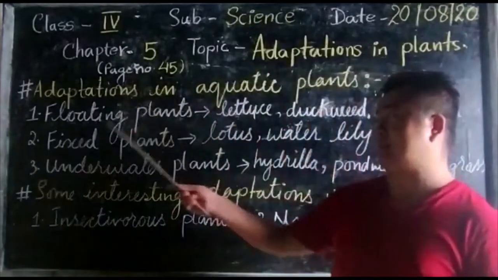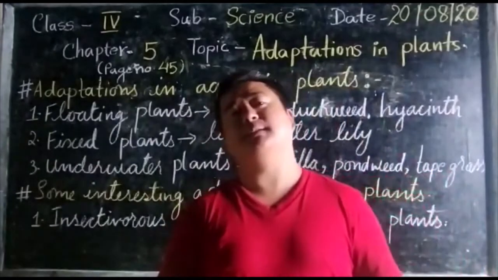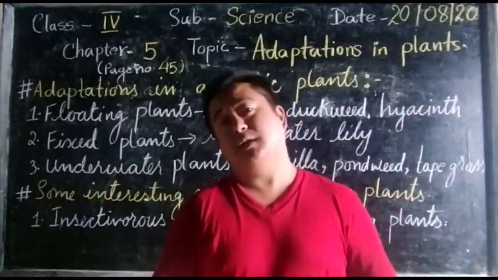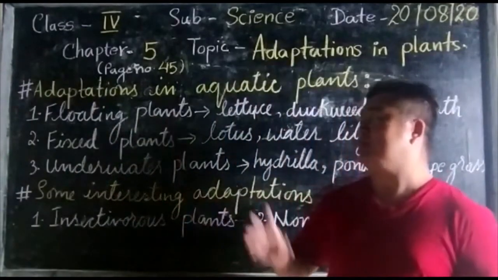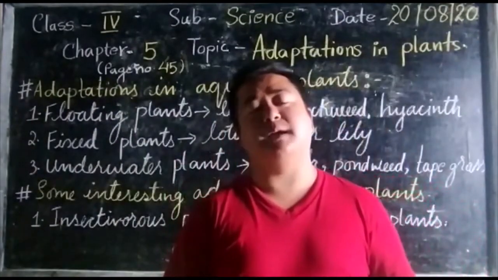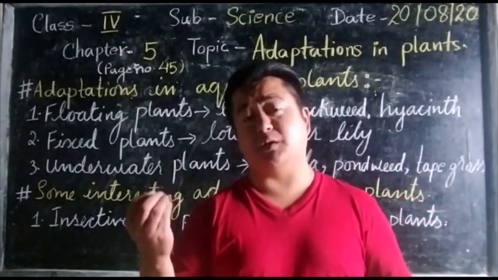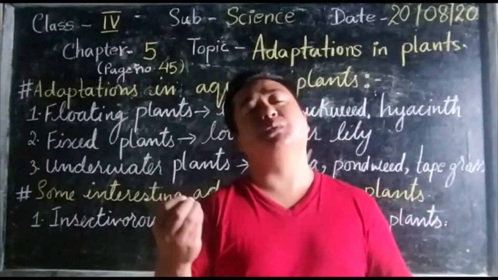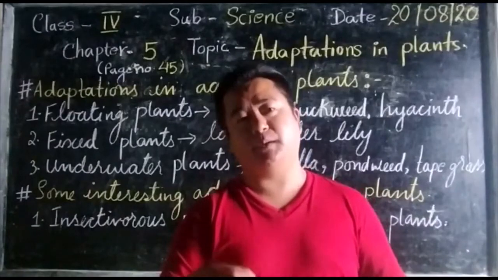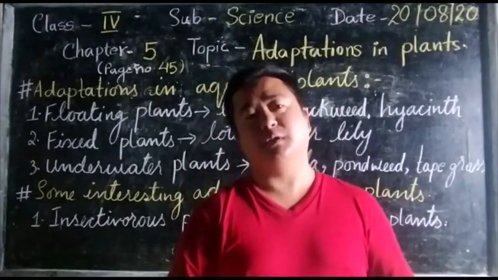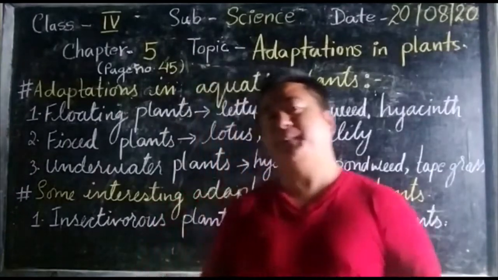The next one is fixed aquatic plants. Fixed aquatic plants are just the opposite of floating plants. Fixed aquatic plants are those plants whose roots are fixed in the muddy ground under the water.